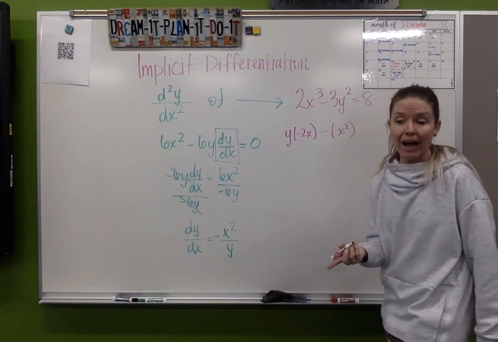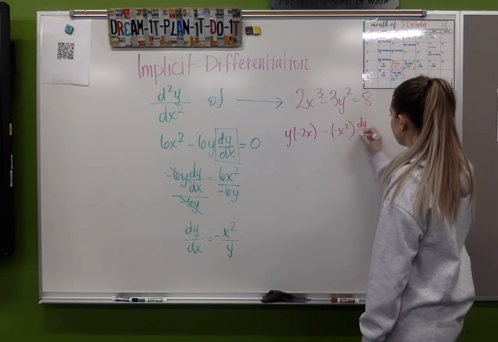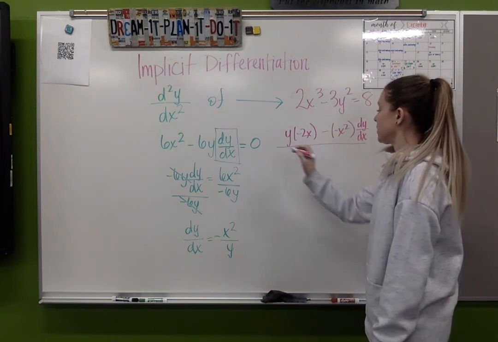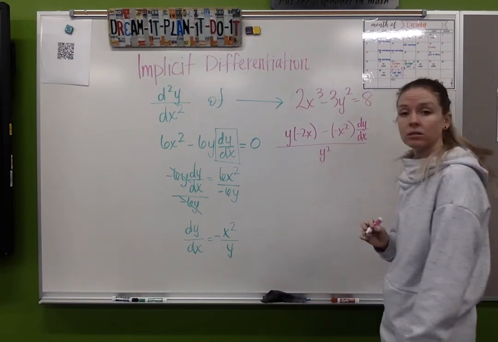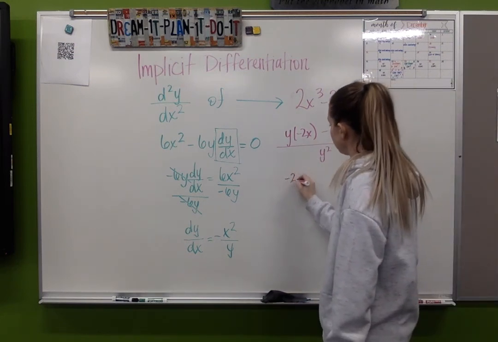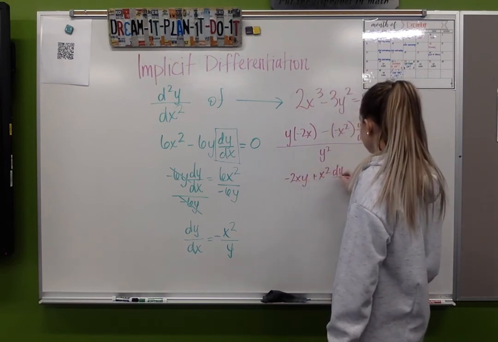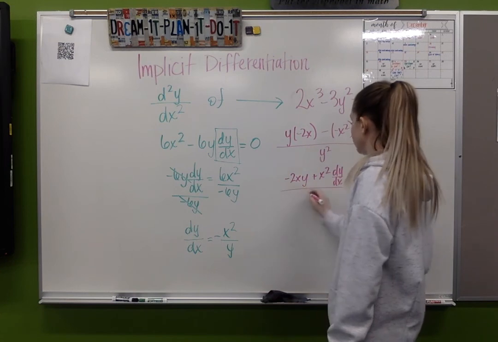The derivative of y is 1 dy dx, all over low squared. So I'm going to do some algebra to clean that up. I'm going to get negative 2xy plus x squared dy dx all over y squared.